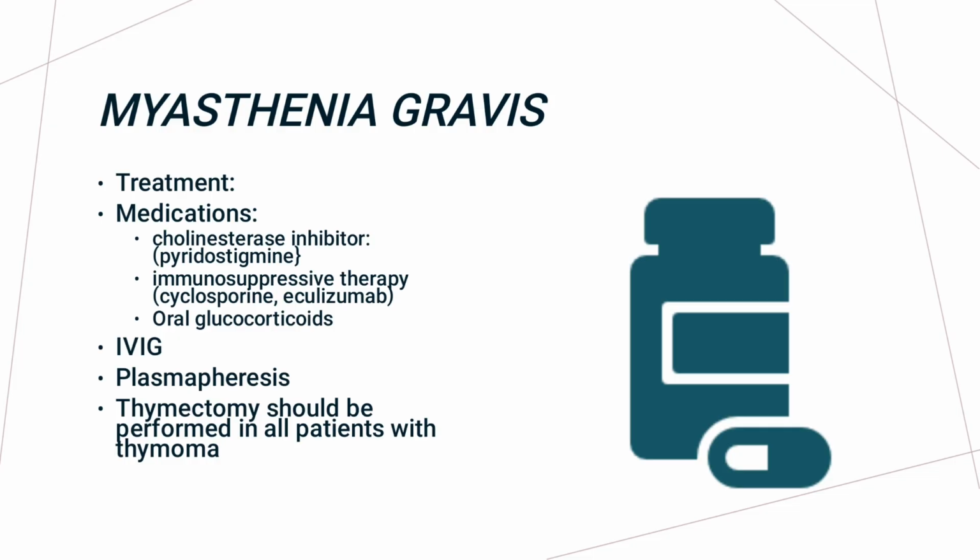When it comes to the treatment, it depends on the situation, okay? If we have a stable patient with symptoms of myasthenia gravis, with normal saturation, normal respiratory function, PFT is normal, everything looks good, in this case we just start a cholinesterase inhibitor, pyridostigmine.